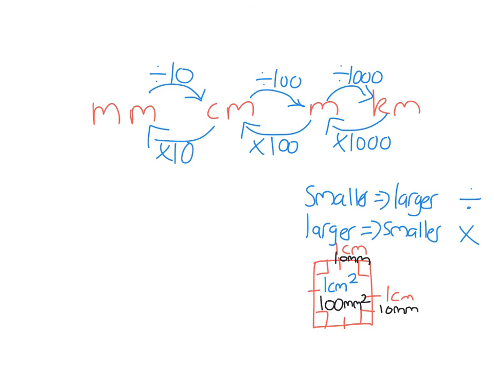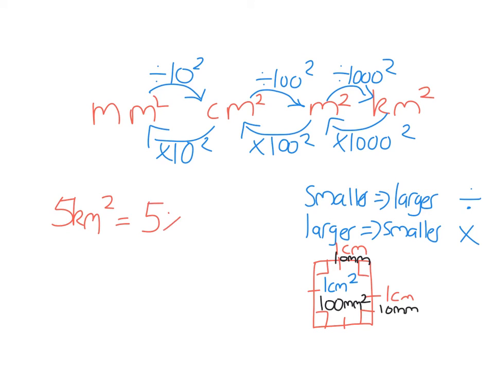So there are 10 millimeters in a centimeter, but there are 10 squared, i.e. 100 square millimeters in a square centimeter. So when you're converting square units, it's almost the same, but you have to square the conversion factor. So all of these get a squared on them. For example, if I had 5 kilometers squared, that's not 5,000 meters squared.